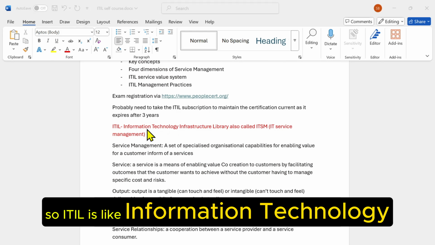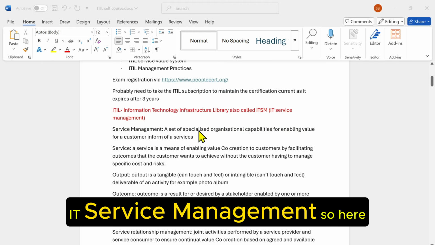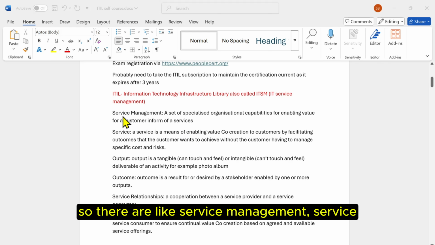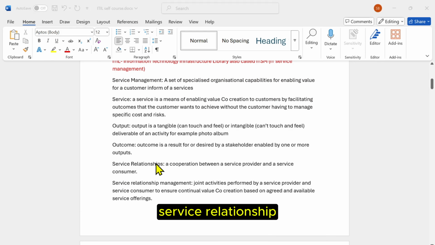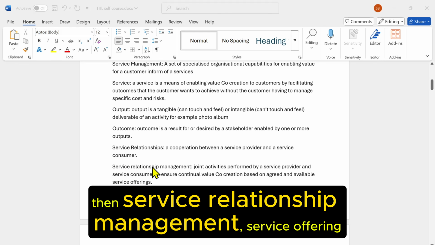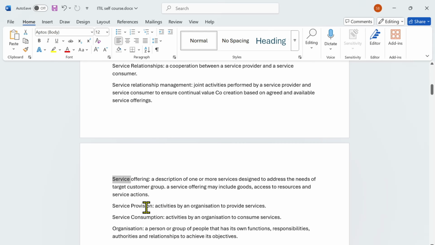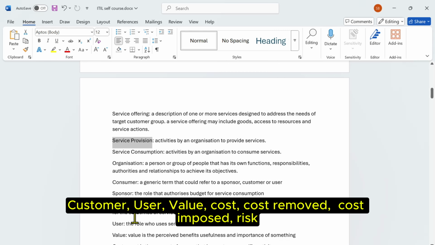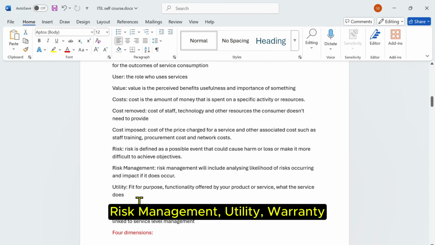ITIL is the Information Technology Infrastructure Library, related to ITSM, IT service management. Here you have to know some of the topics and concepts: service management, service, what is service, value co-creation, output, outcome, service relationship, service relationship management, service offering, service provision, service consumption, organization, consumer, sponsor, customer, user, value, cost removed, cost imposed, risk management, utility, warranty.